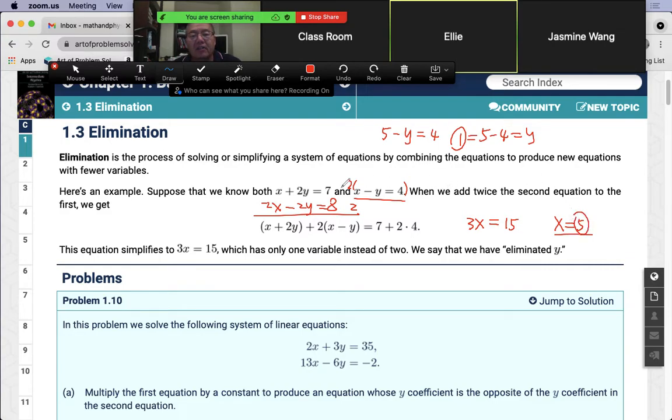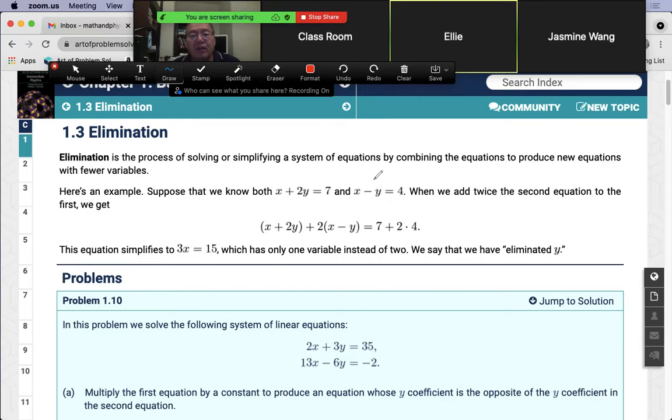Okay? So you can check. x equals 5: 5 plus 2 times 1, that's 5 plus 2, which equals 7. So this equation is satisfied. In this one, 5 minus 1 gives you 4, so this one is also satisfied. This process is called elimination.